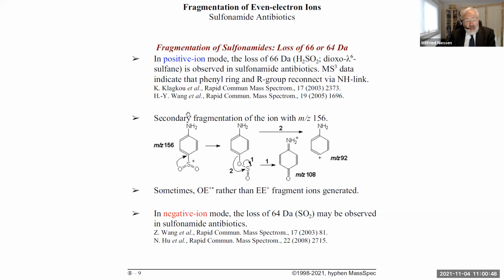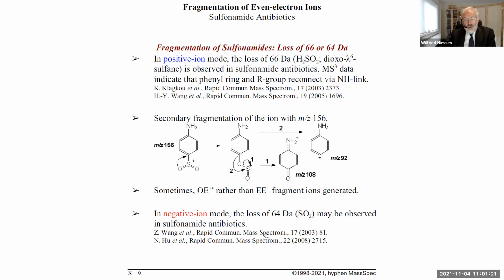And this is something which we see. And here is a proposed fragmentation, so basically a proposed rearrangement where we see the losses of SO2 and SO from the 156 to the 92 and the 108 respectively. The loss of 66, so the H2SO2, is something which we see for these sulfonamide antibiotics in positive ion mode. And you can also analyze these compounds in negative ion mode.